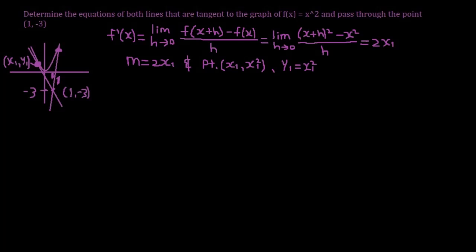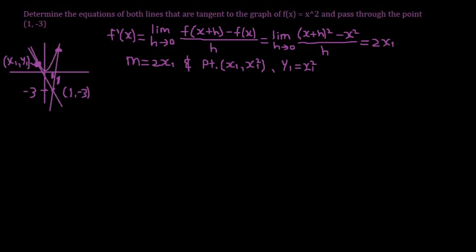So f'(x), the limit as h approaches 0, we have the standard derivative formula, and it works out to 2x. We'll call it x initial. So that's basically a slope, and the m, obviously, it's the basic linear equation slope.